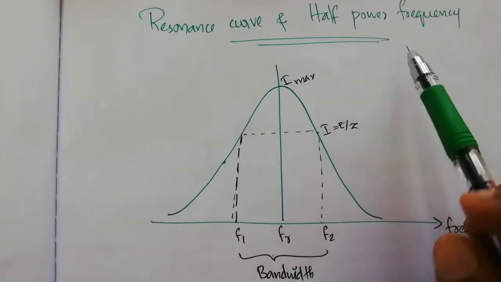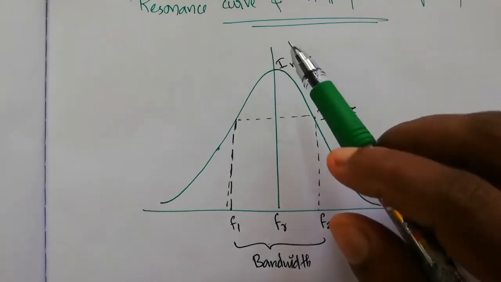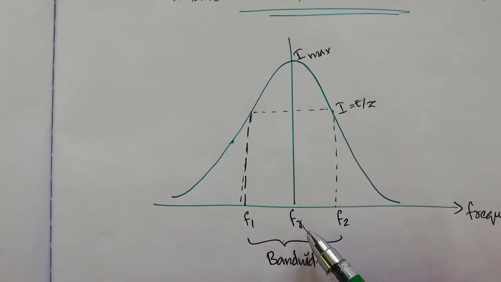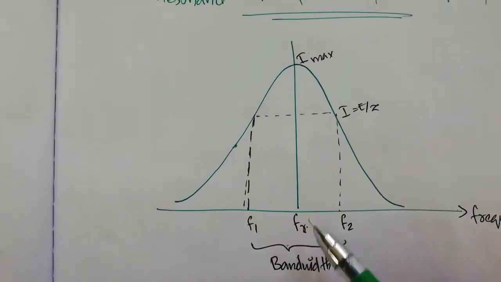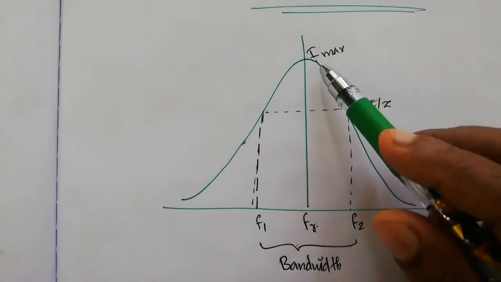Resonance curve and half power frequency. Here the frequency is plotted along the x-axis and the current is plotted along the y-axis. In this, FR is representing the resonant frequency at which the maximum current is flowing across the series LCR circuit.